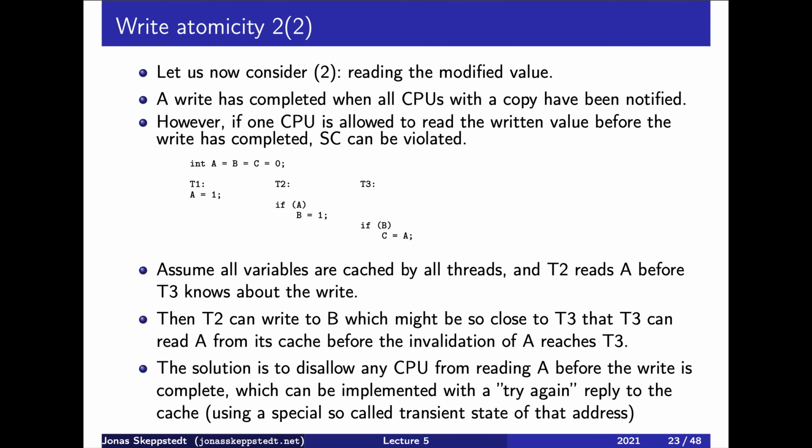And that is a state which is temporary and will be resolved to go into a more permanent state, which of course can change in the future. But while a memory block is in a transient state, all irrelevant requests are rejected by being given a try again reply.